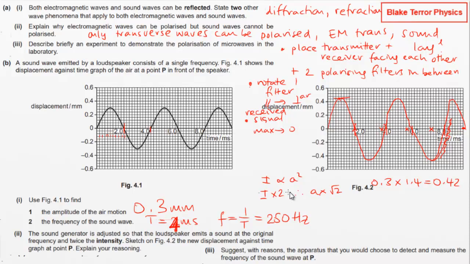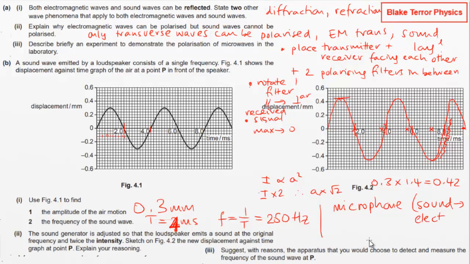Suggest with reasons the apparatus you would choose to detect and measure the frequency of the sound wave at P. So we just want to measure the frequency of a sound wave. So we're going to need a microphone because we need some way of getting sound to electrical signal.